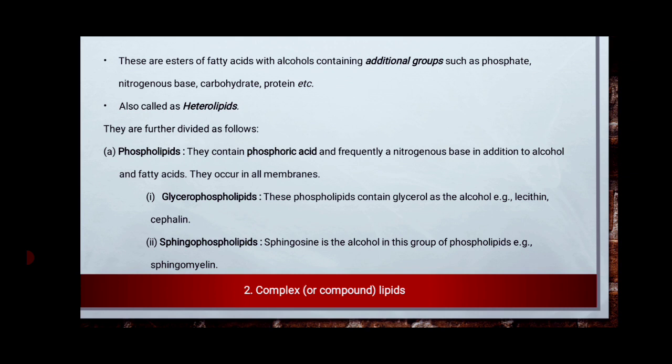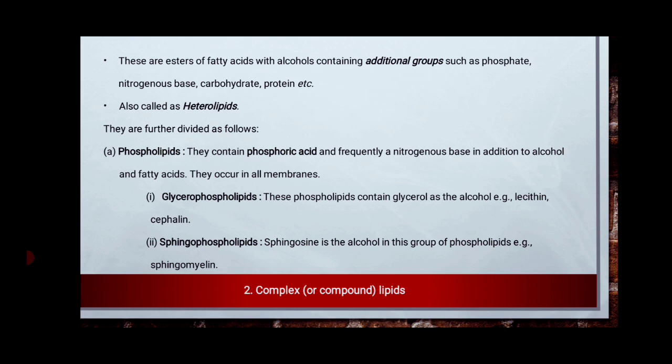The additional group here is phosphoric acid. There are two types of phospholipids. The first one is glycerophospholipids. These phospholipids contain glycerol as the alcohol. For example, lecithin, cephalin, etc.